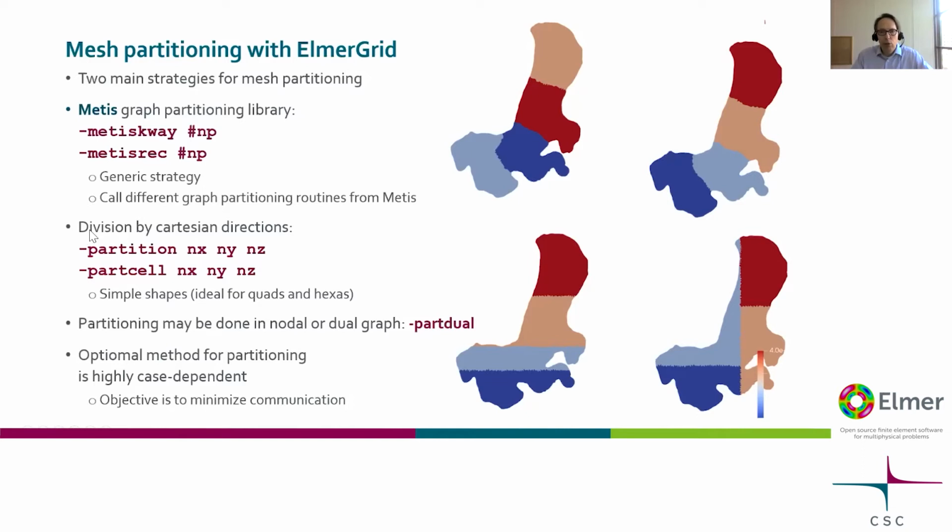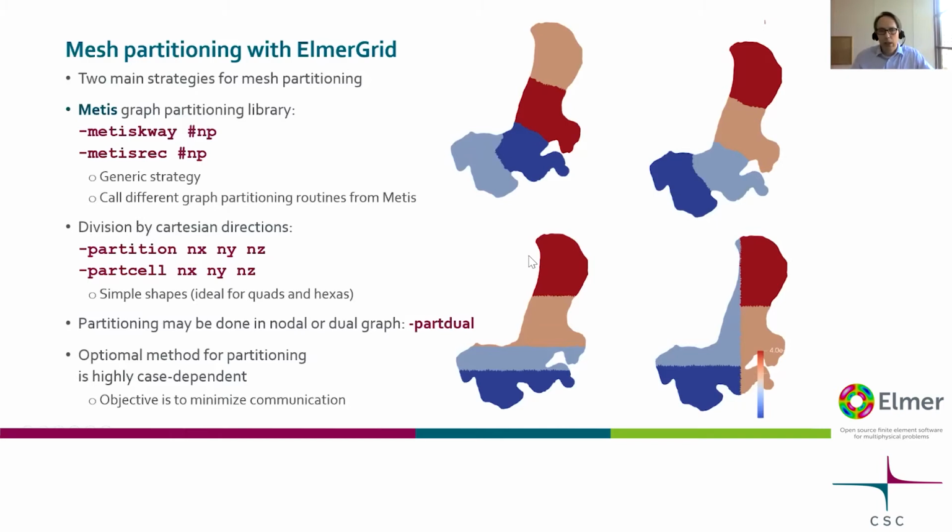Or you can also do division by Cartesian directions. Here, for instance, we have done partitioning in the y direction, and here in 2 directions recursively. These are of the same size, but actually you can see that they are really poor in minimizing communication. So you should know your algorithm also here.